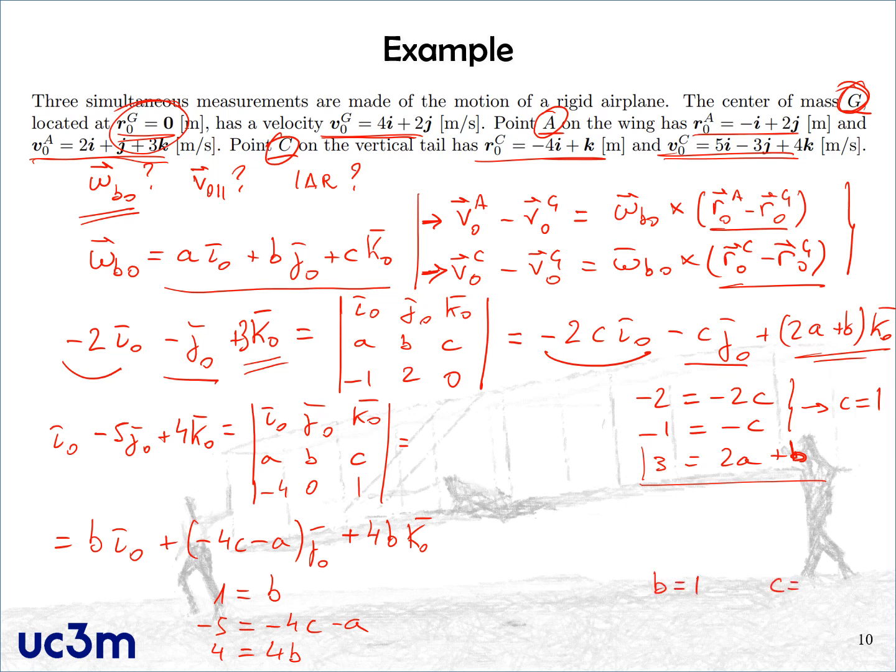We had from before that c was equal to 1, and from the remaining equations, we also see that a is equal to 1. All right. The rest of the equations, we see that they are compatible, so there is no problem. This is consistent with the rigid body constraint. So in principle, this is the velocity field of the rigid body. And the angular velocity ends up being i0 plus j0 plus k0.